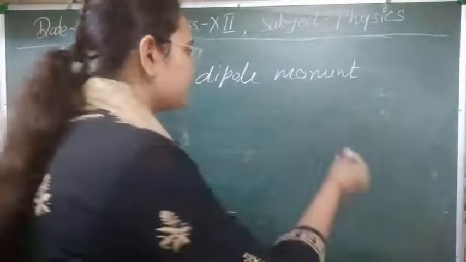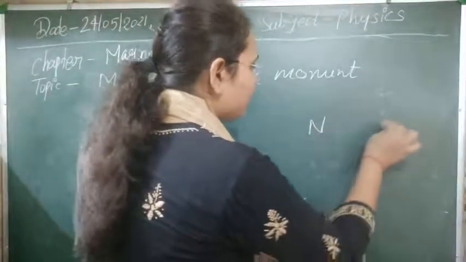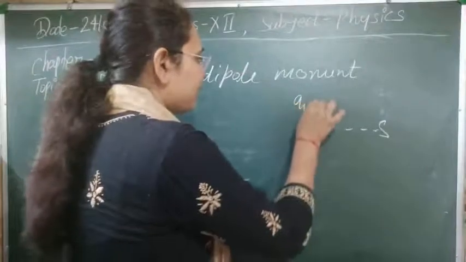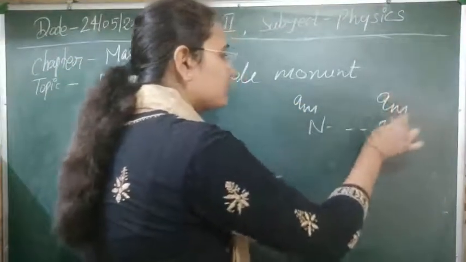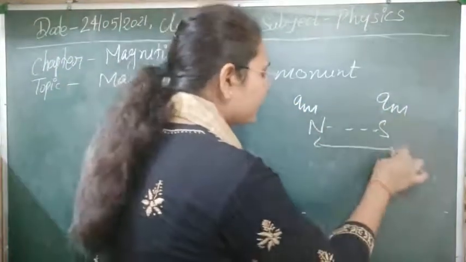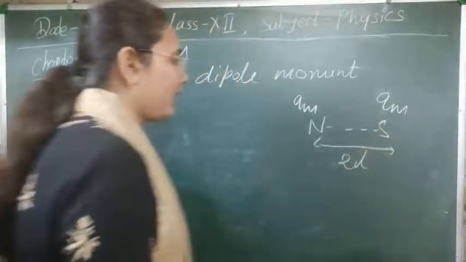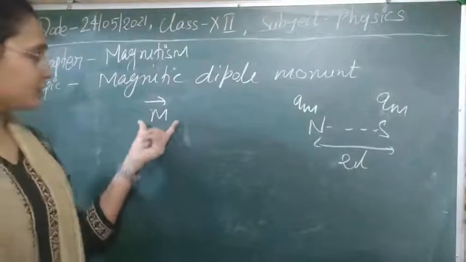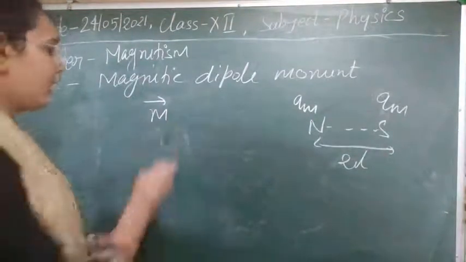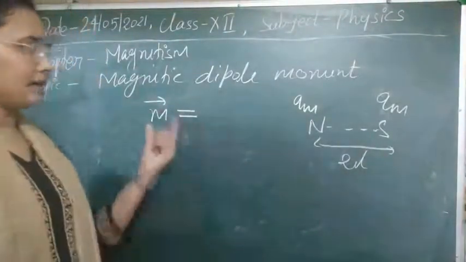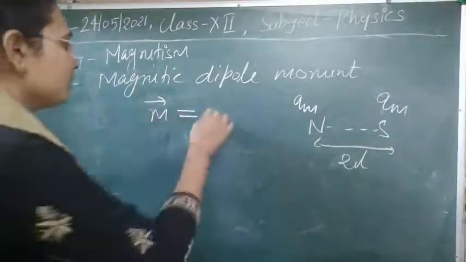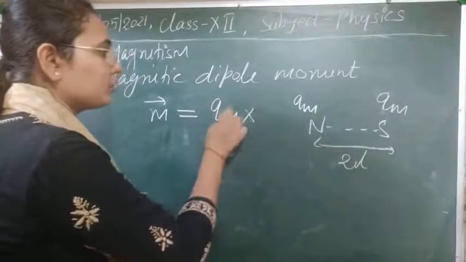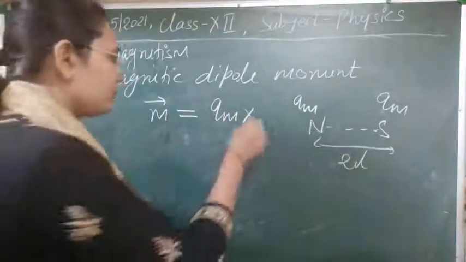It means that if we have two different poles, north and south, with magnetic pole strength equal to qm, and they are separated by some distance 2l, then the magnetic dipole moment, denoted by m here, and it is also a vector quantity, which I have written in vector form. So in mathematical expression it is equal to qm into the distance between these two.